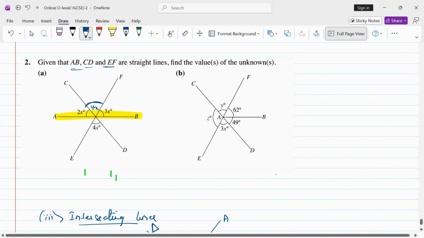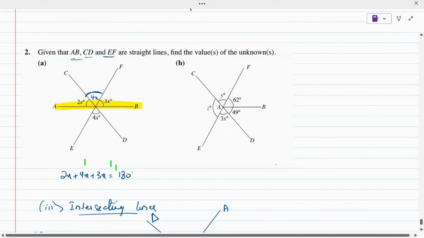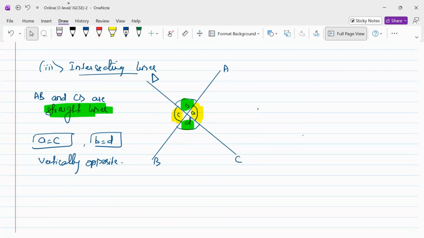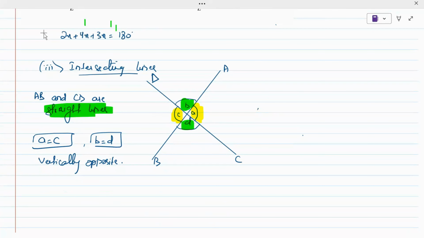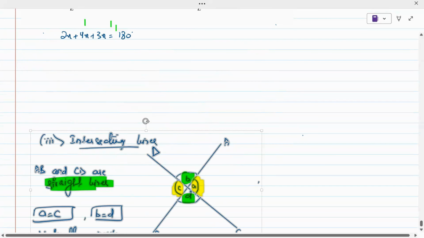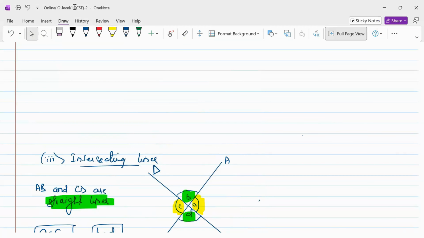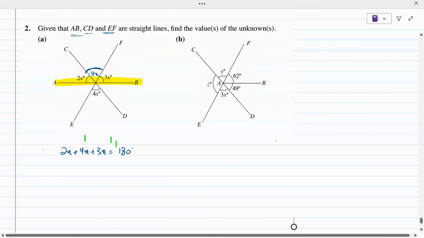So in this case, we can make the equation as 2x plus 4x plus 3x is equal to 180. Solving this equation, it would be 9x is equal to 180 and x is equal to 180 upon 9, x is equal to 20 degrees.